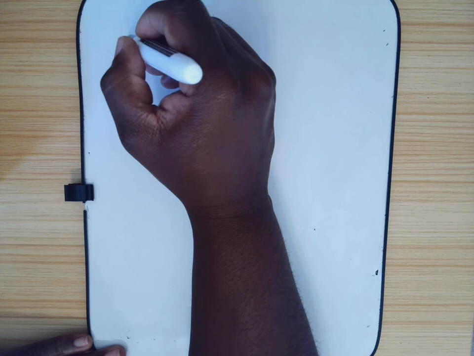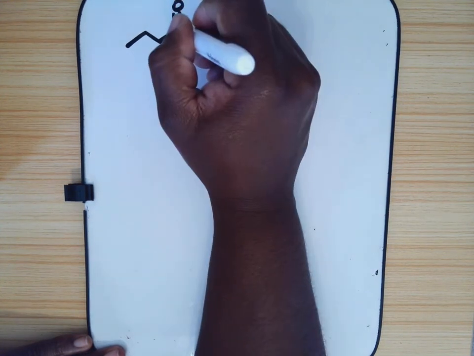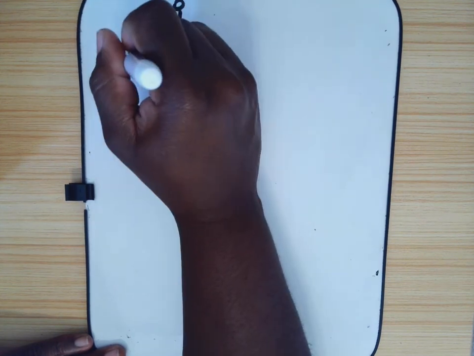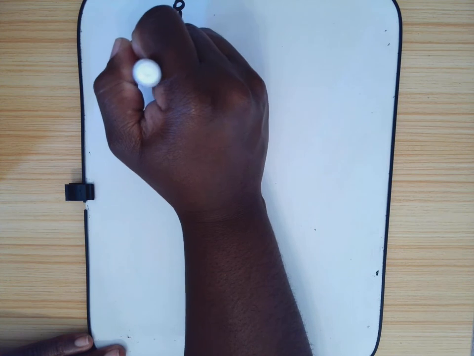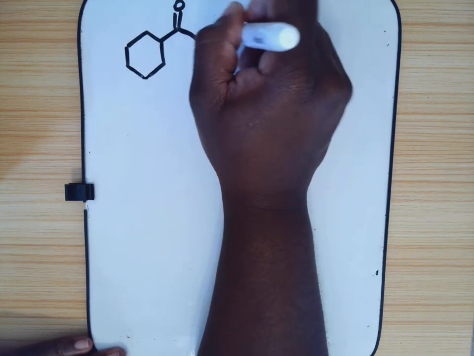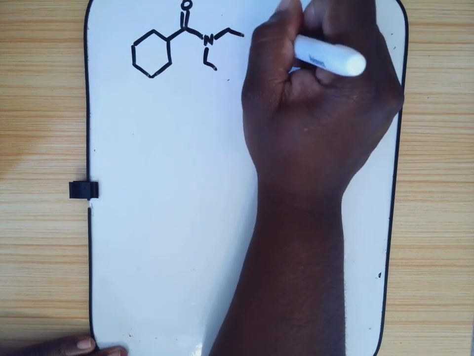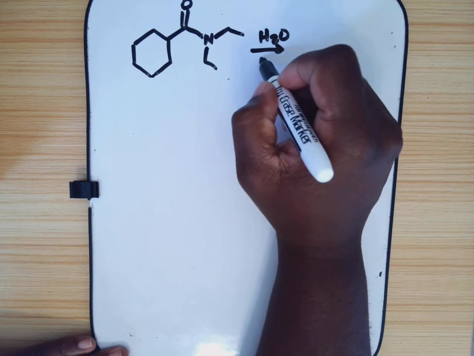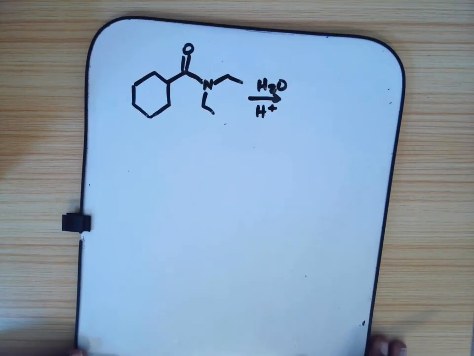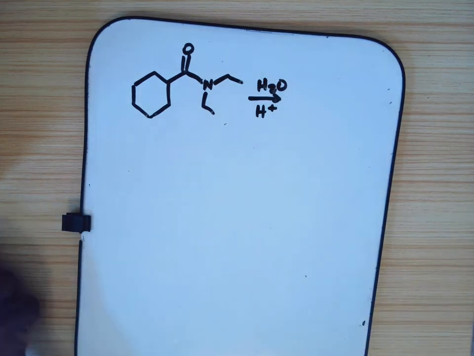So let's say, tell you what, I'll turn this into a ring just to show that it can be basically anything. I can even have this as my amide, and I can go on to do my product. Again, regardless of what your amide is, go ahead and start by redrawing that same compound.